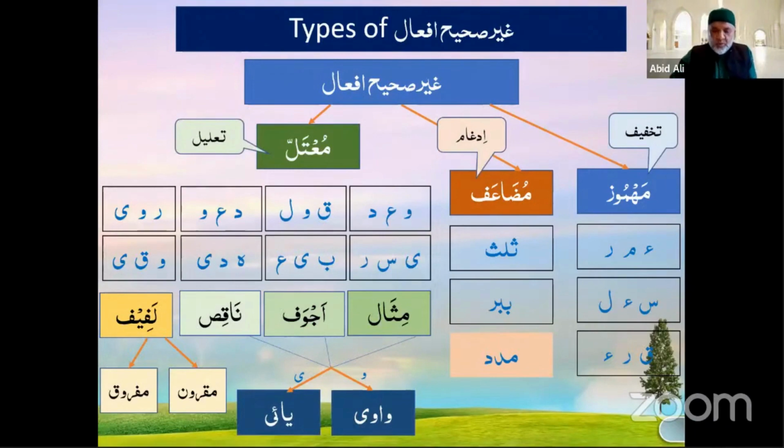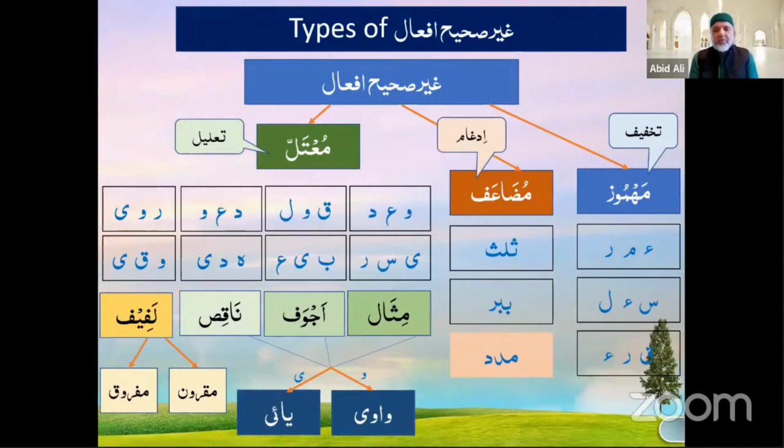Okay. So what do we understand from here? If we have the Mahmuz category, that means we have Hamza in the root letters. If we have the Muda'af category, then we have a repeat letter in the root words. If we have the waw or ya, then we have the mu'attal category. If the waw is in the fa position, then it is a misal. If it's in the ain position, it is known as ajwaf. And if it's in the lam position, it is known as naqis.